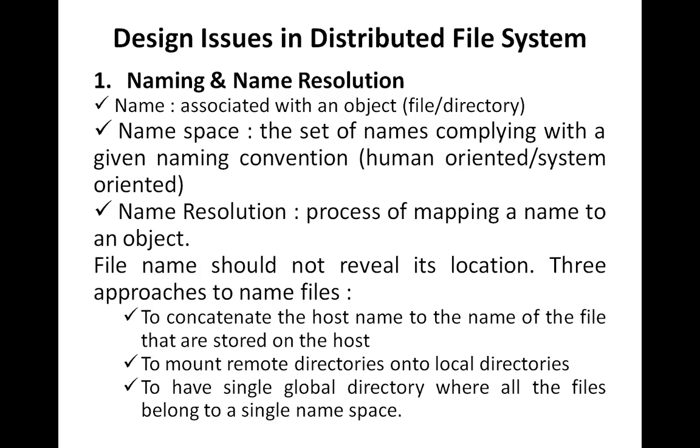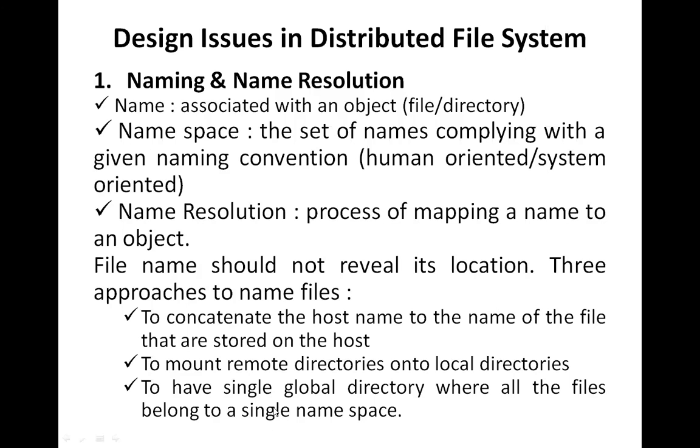If the name of the file does not reveal the physical storage location, it is location transparent. One of the advantages of this approach is that it can also resolve the file name without consulting any host.